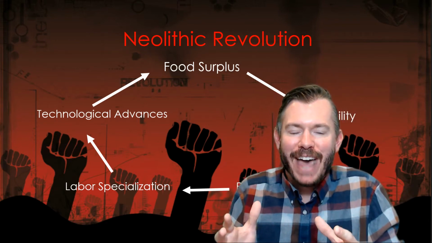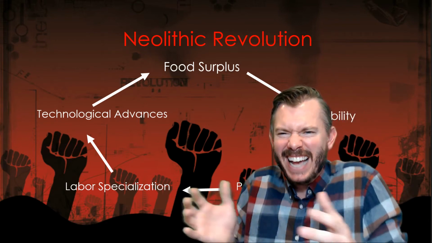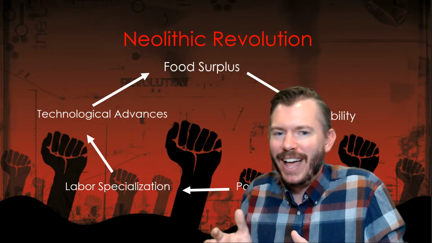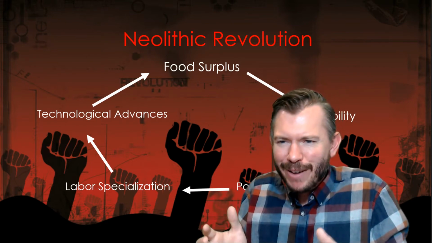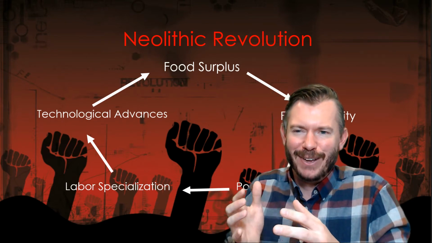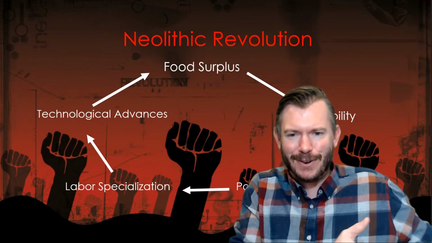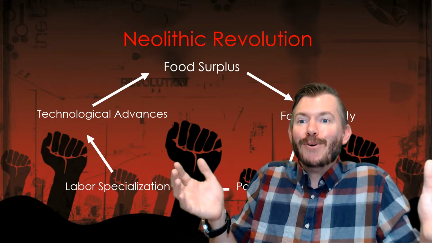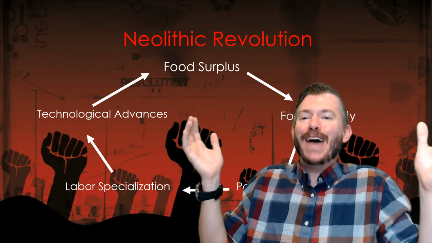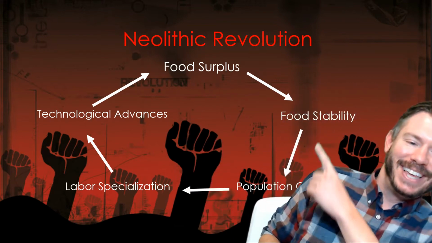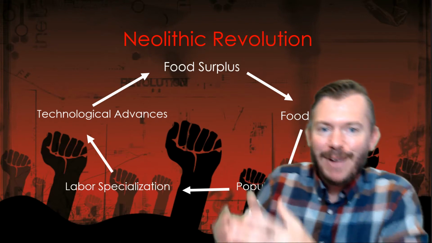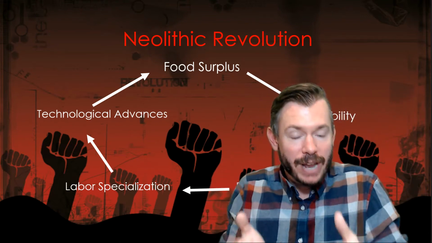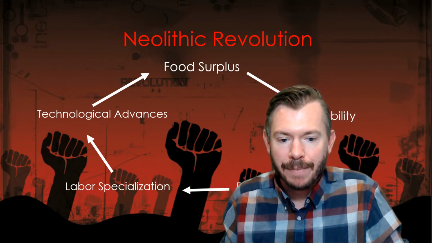And because of that, the next time there's a drought or things aren't growing very well, or your neighbor steals your crops from the field or whatever, it means that you don't die, which turns out to be fabulous, right? So what we end up with is food stability. When things go poorly, you can actually still be all right.